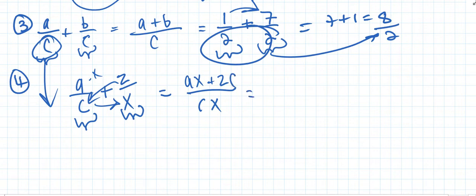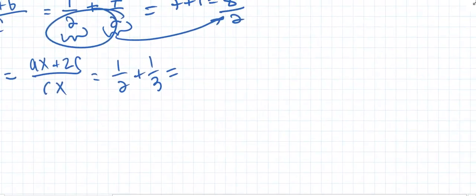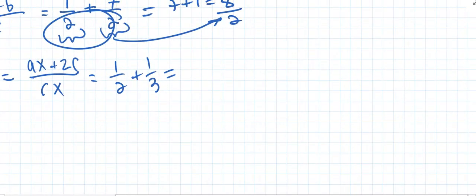Okay, seems confusing with variables, but let's plug in numbers. 1/2 plus 1/3. Okay, some of you may be able to do that in your heads, but for the purpose of this demonstration, okay, 1/2 plus 1/3, 2 times 3, okay, is 6.